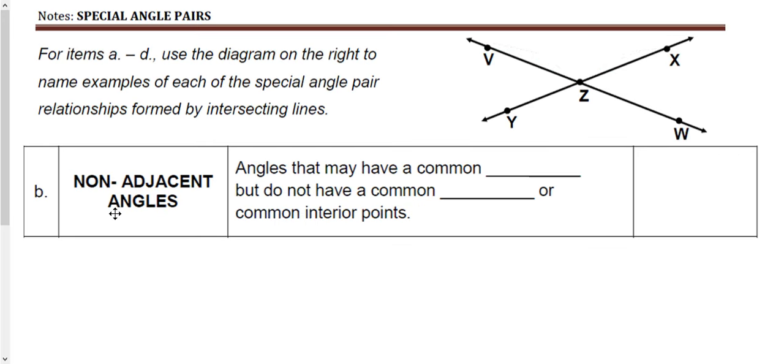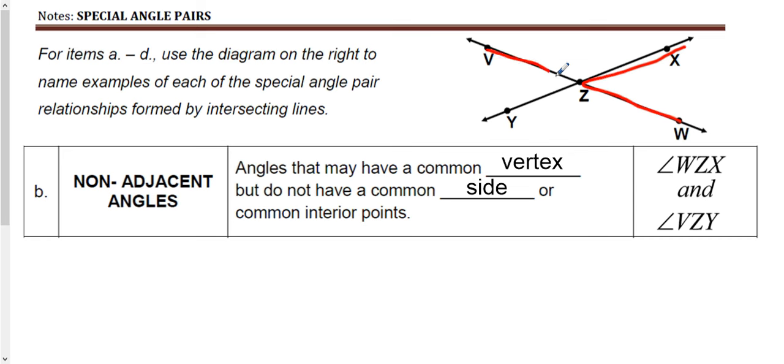Next, we have non-adjacent angles, which of course don't share a common side. These are angles that have a common vertex but do not have a common side or common interior points. Looking at this picture, we could pick out a pair. There are actually 2 pairs of them. WZX, this angle, and VZY.